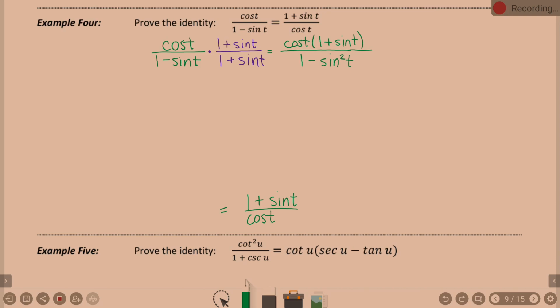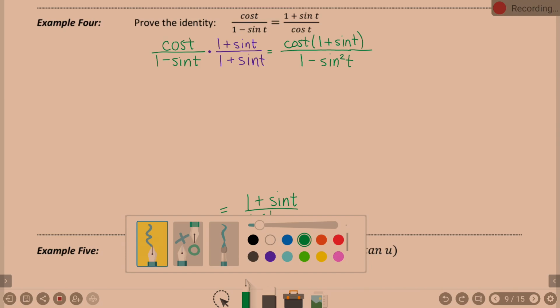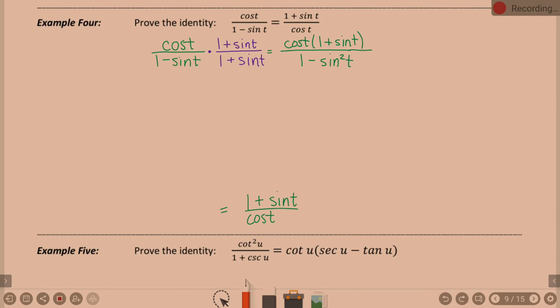Now what? Is there a Pythagorean identity that works? Yes. We have the Pythagorean identity sine squared x plus cosine squared x equals 1.